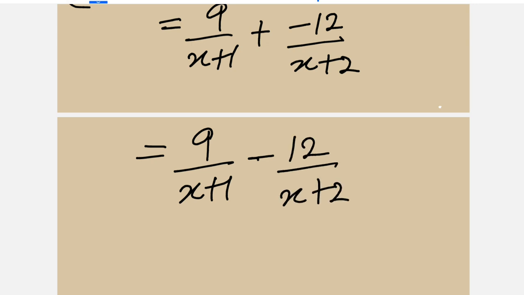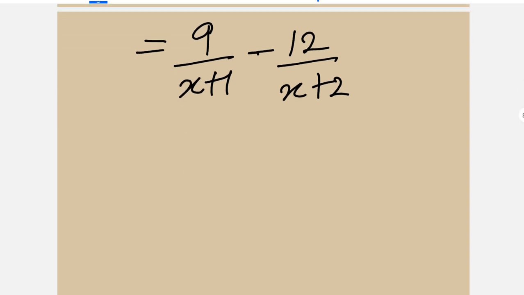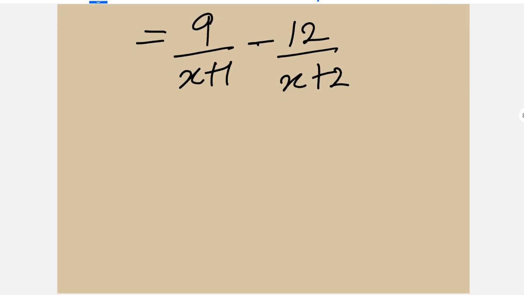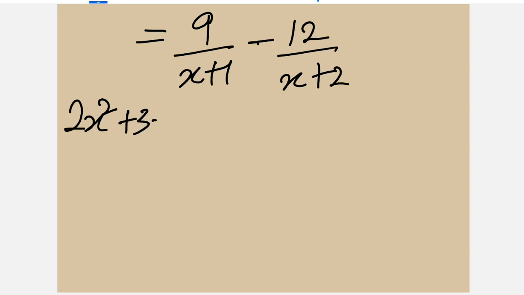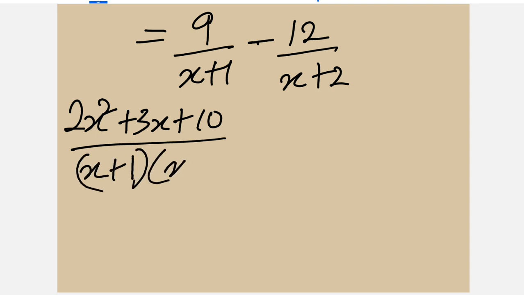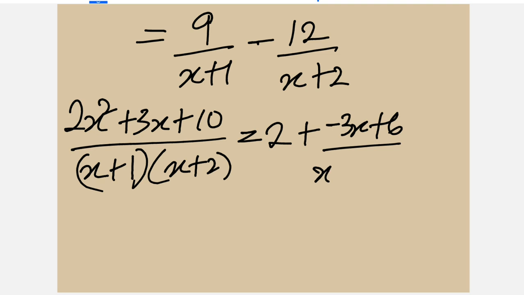Now recall from the question that 2x squared plus 3x plus 10 over x plus 1 onto x plus 2, our first division gives us 2 plus minus 3x plus 6 over x squared plus 3x plus 2.